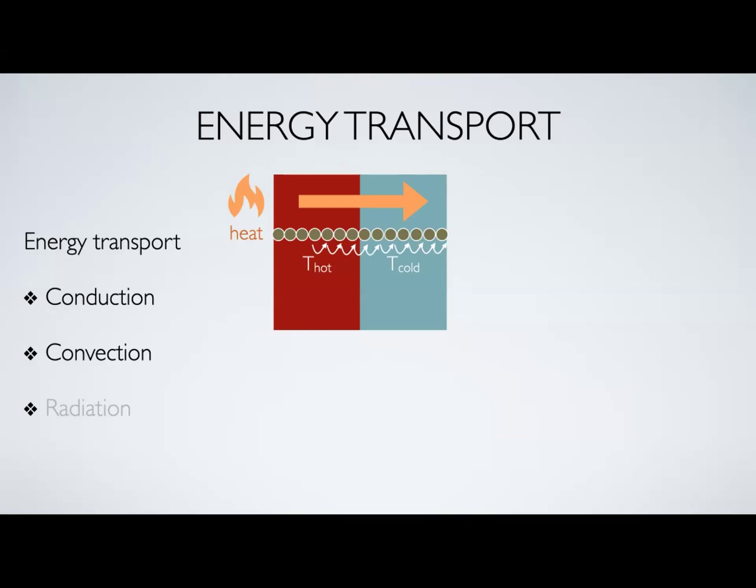It keeps doing that all the way to the very right-hand side. So this is molecular transport in terms of energy transport, and the name for this energy transport is conduction.